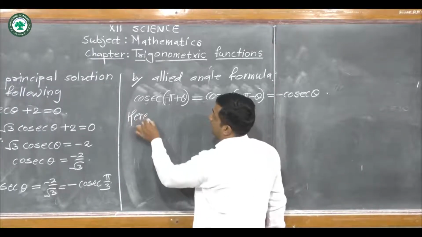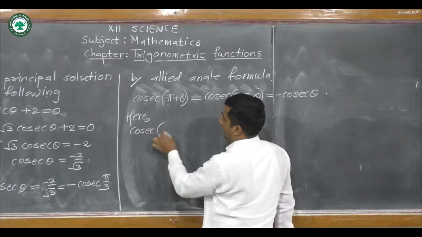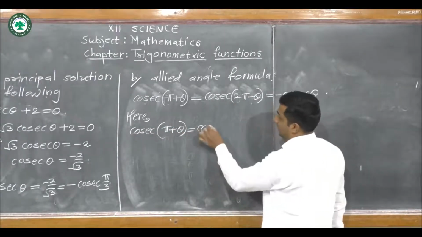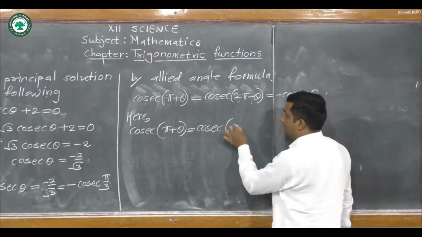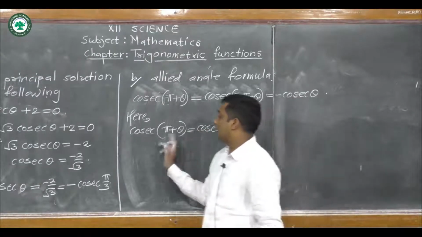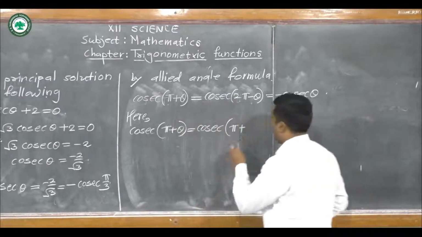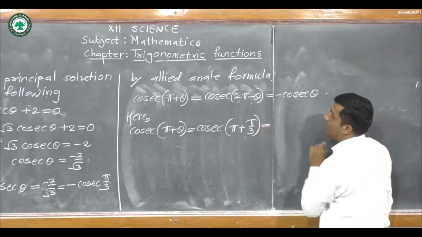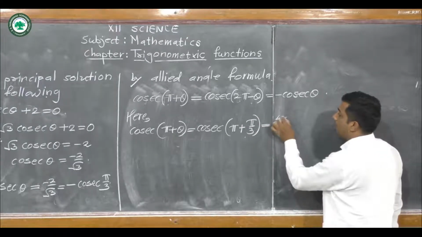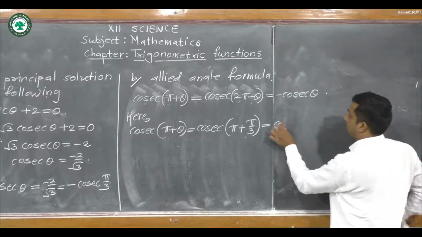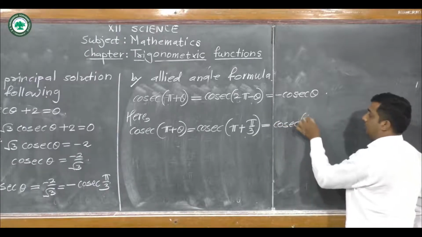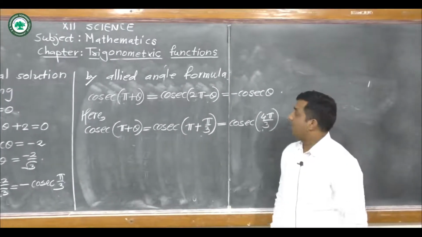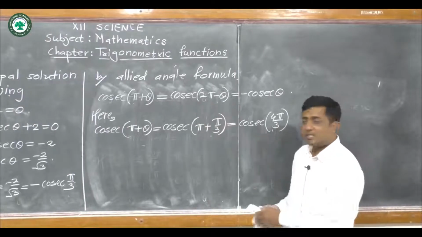Here cosec pi plus theta is equal to cosec, okay, pi plus, now we replace this theta by using pi by 3. Okay, we get pi plus pi by 3. Now this is equal to, here we get 4 pi, that is cosec 4 pi by 3. Now next, we find cosec 2 pi minus theta.